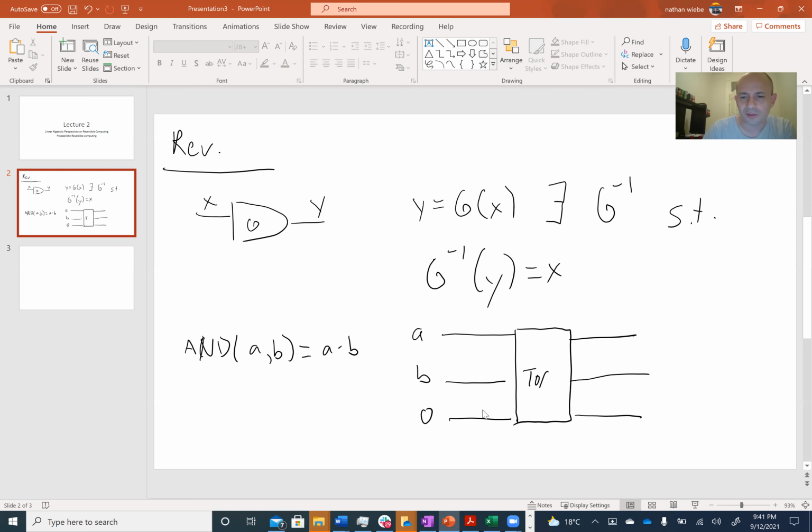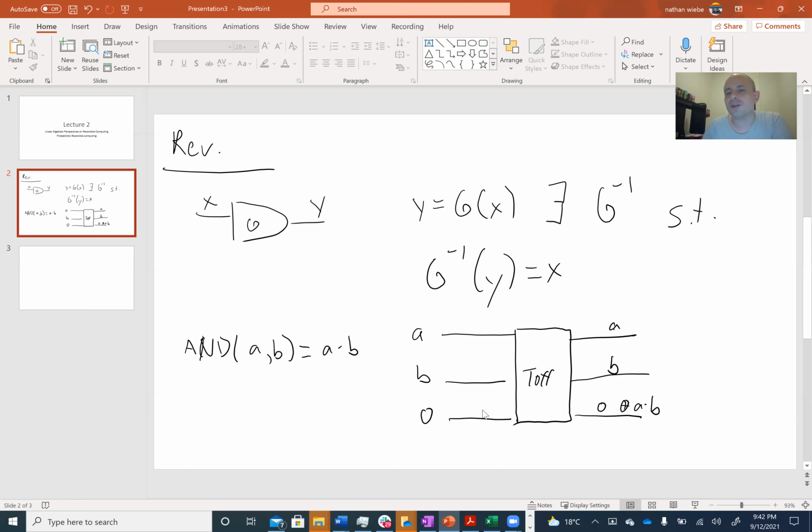The example that we spent a lot of time looking at in the first lecture was the Toffoli gate, which is sort of the reversible analog of the AND gate. What it would do is output A, B, and 0 exclusive or A dot B on this wire. That is the basic way we can think about how to deal with AND in a reversible setting.